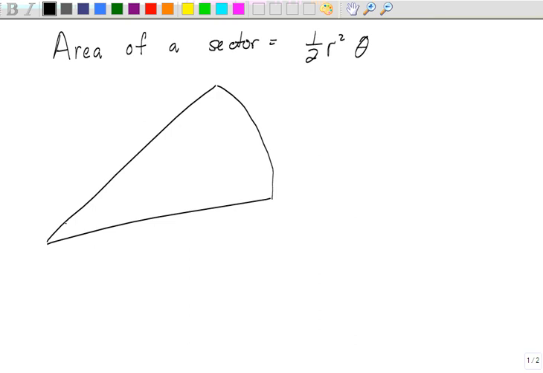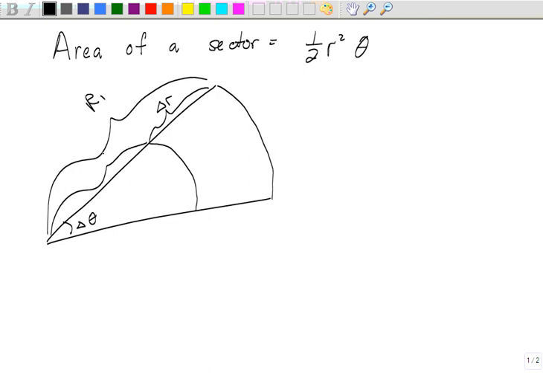We'll call this delta theta, and this is going to be delta r, the change in the radius. We'll say this is r1 and this is r2. And in between, the average will be r1 plus r2 divided by 2, the average of the two radii.